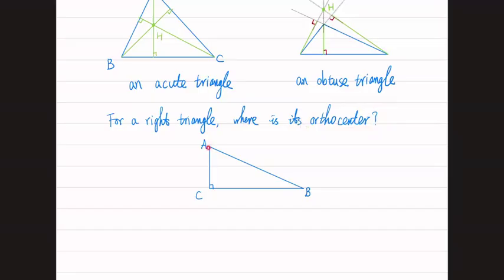From A to BC, what's the altitude? Kira. From A to BC. AC. AC is altitude. Okay, that's 1. Amy, from B to AC, which one is the altitude?